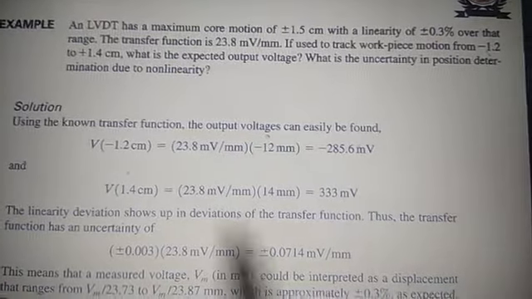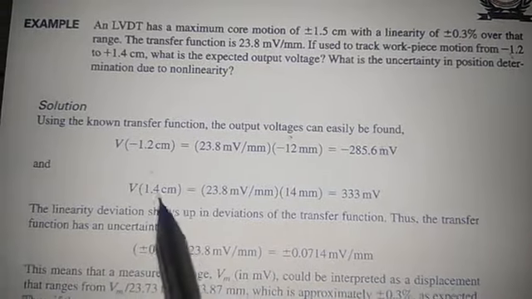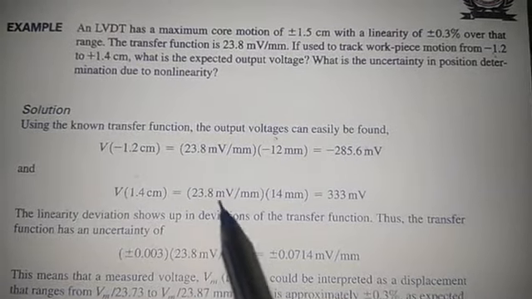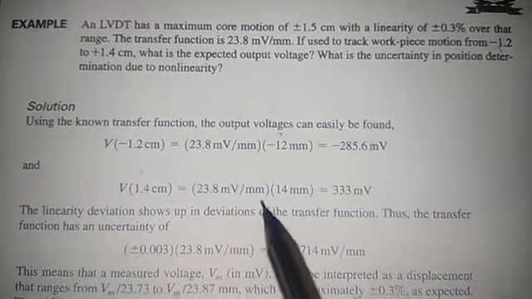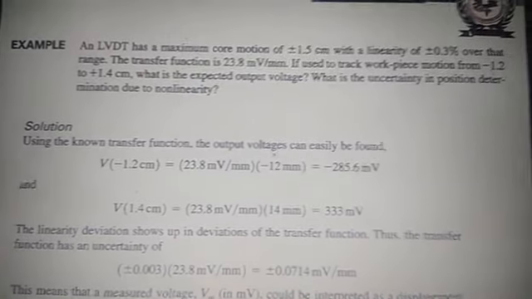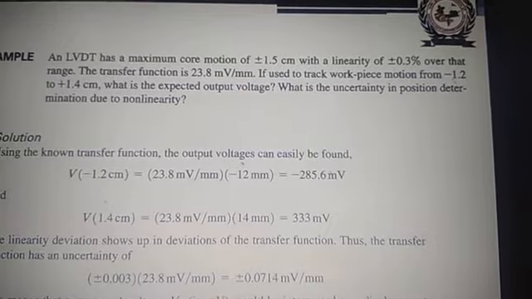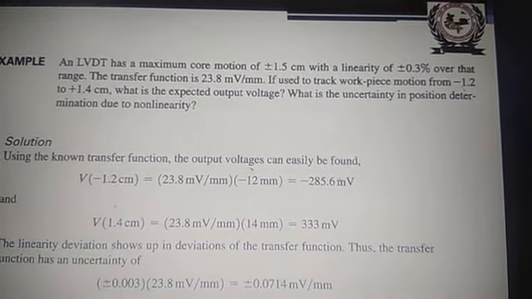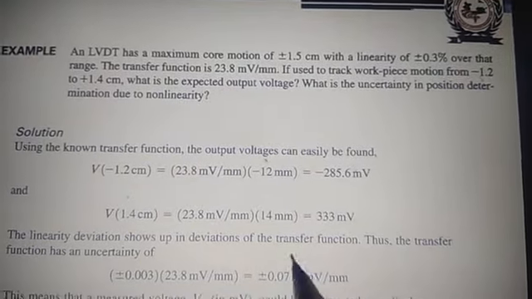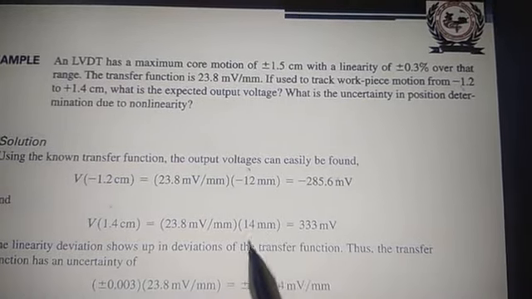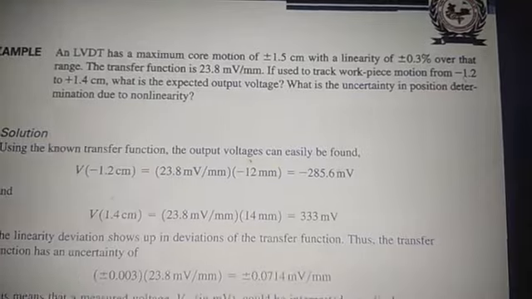And the maximum voltage, at 1.4 centimeter, is equal to 23.8 millivolt per mm into 14 mm, because this is minus 12 mm and this is 14 mm maximum.